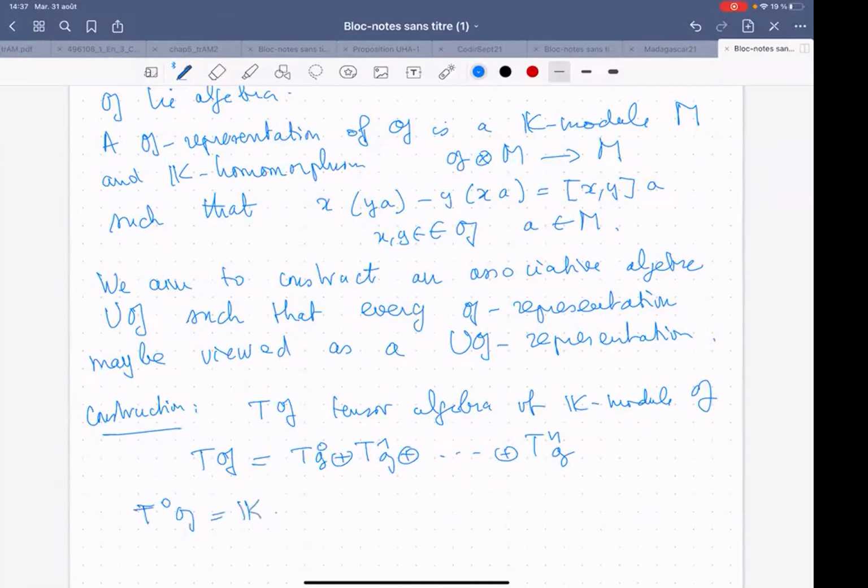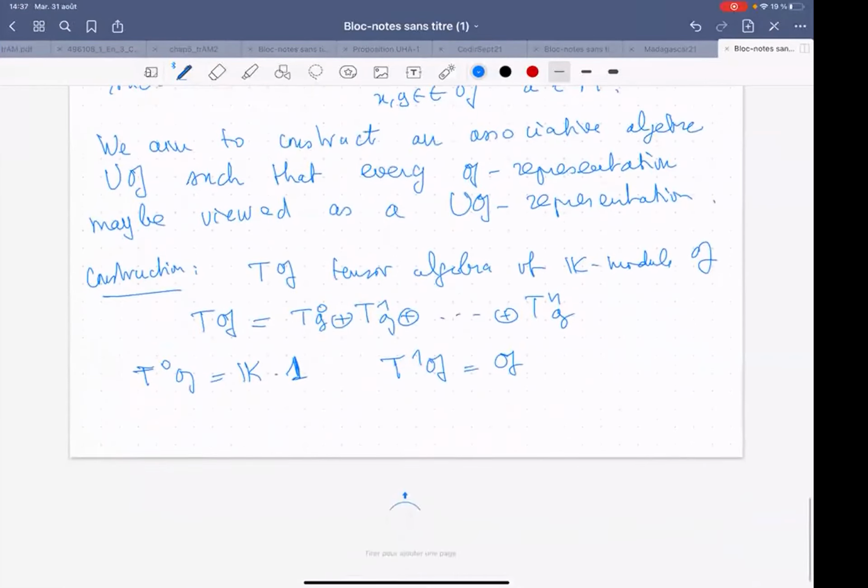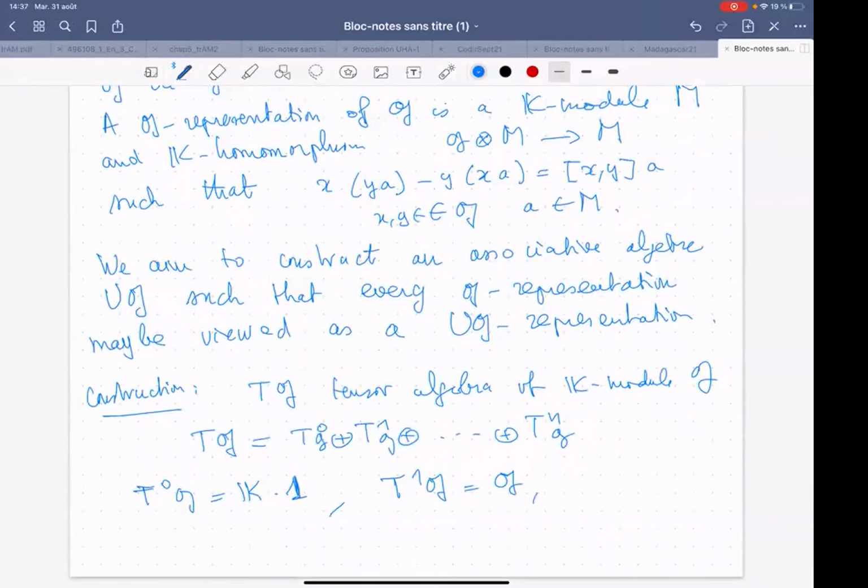This is K times 1, the unit. And T1J, this is J. And TnJ is J tensor J, n times.